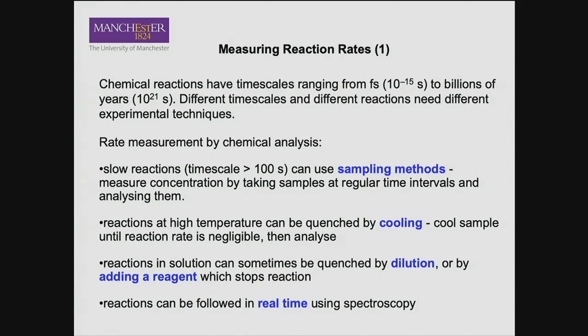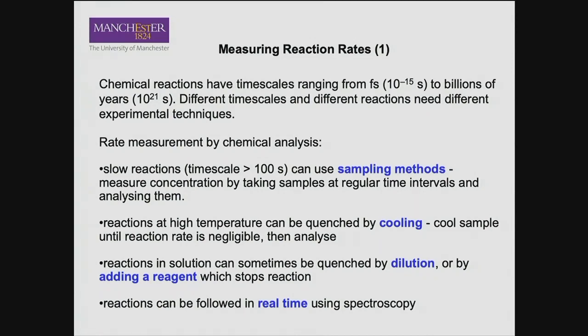The thing you need to be wary of if you're doing this kind of measurement of rates is the time it takes for you to measure stuff after you take it out. You want your reaction to be slowed down during that process, preferably not doing anything. So quite often people use quenching methods, and they can be, for instance, cooling.